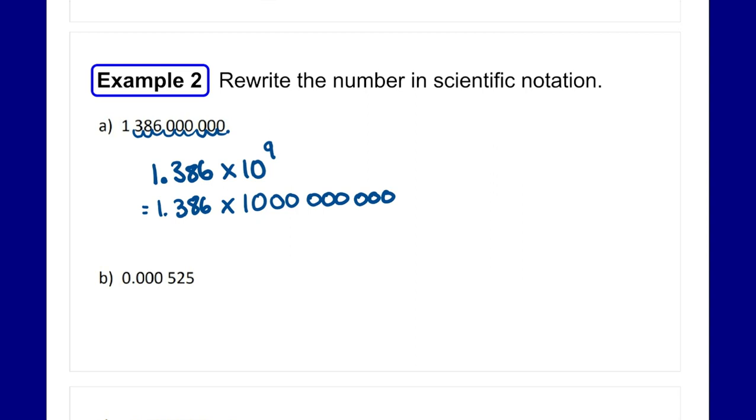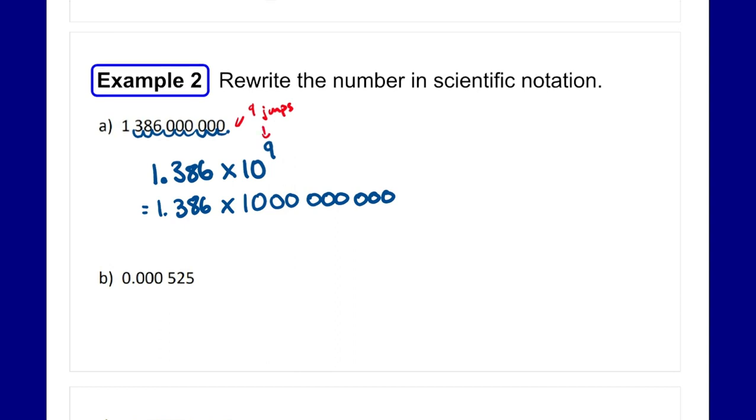And if I were to expand that, it would work out back to this. So this is essentially what we're doing, except we're simplifying. Rather than writing out 1 followed by 9 zeros, which is 1 billion, I can simplify that to just 10 to the power of 9. So there are 9 jumps. That's why we get the 9.